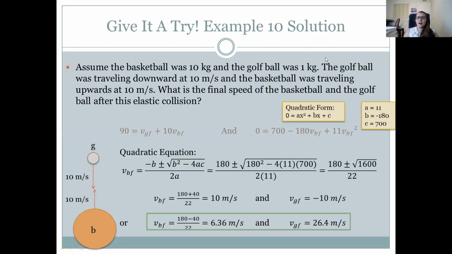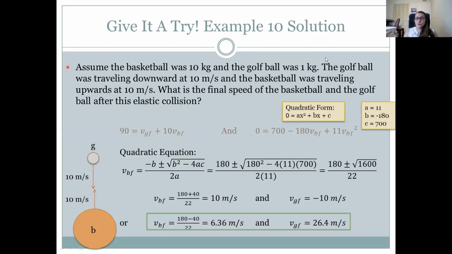But if we're ever not really sure what this collision is going to do, like if they'll stick together at the end or not, then I would always recommend that you assume it will be an inelastic collision. Not perfectly inelastic, don't assume that they'll stick together, but assume that they will bounce off each other and some kinetic energy might be lost. That's probably your safest assumption.